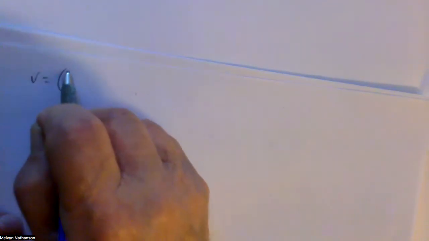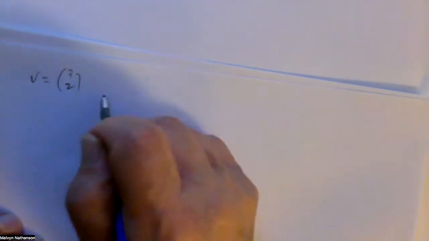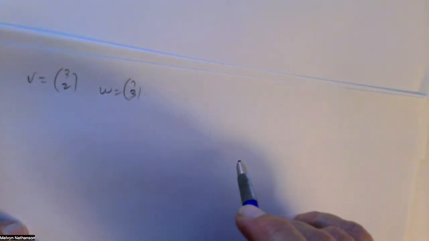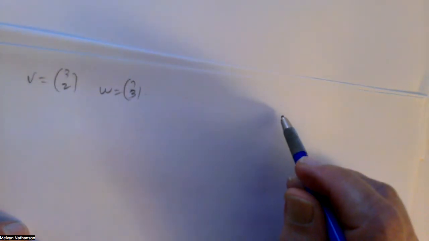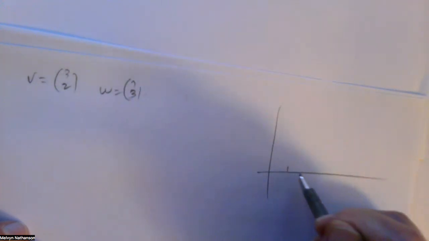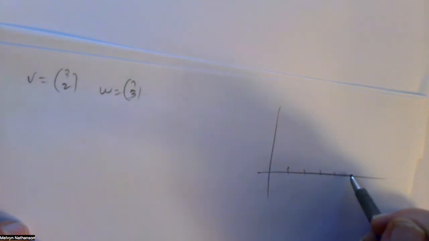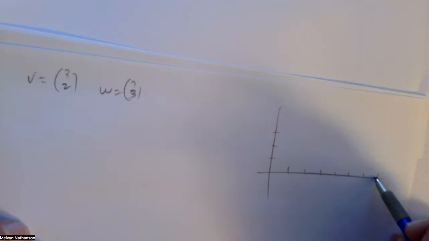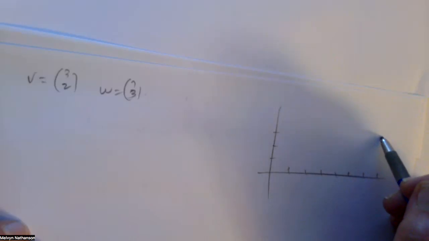Let's take an example. So this is an example in the text. Suppose I take v equal to the vector 3, 2, and w be the vector 7, 3. So 7, 3 is here.